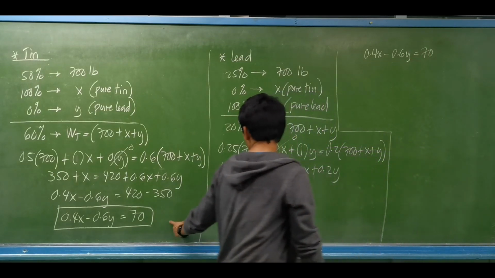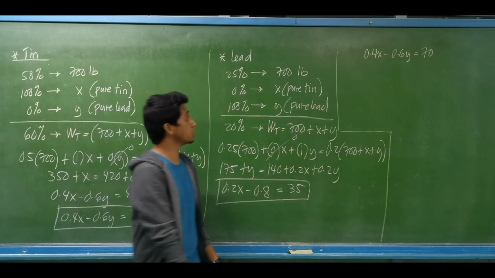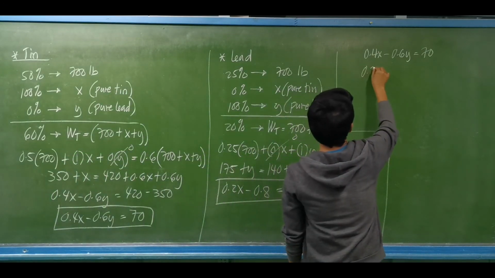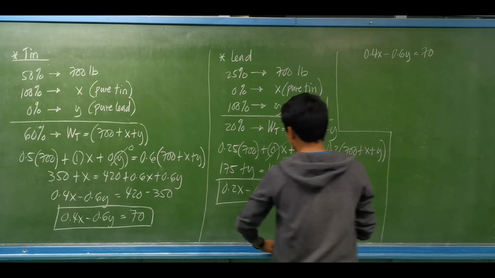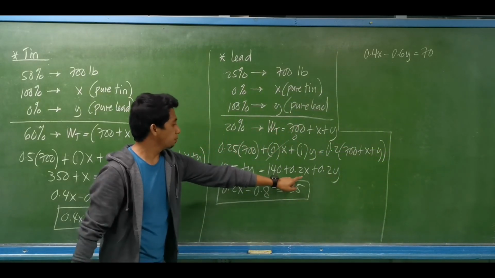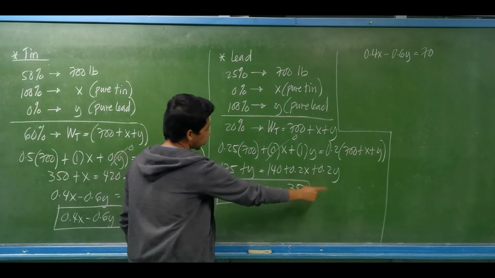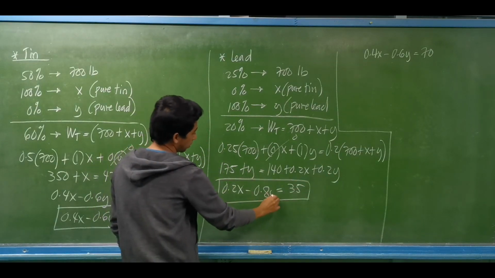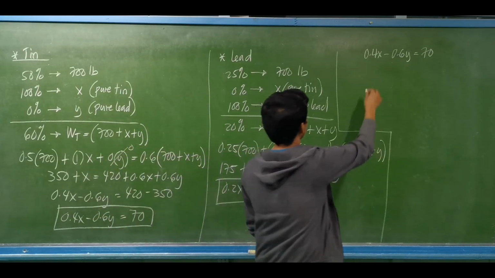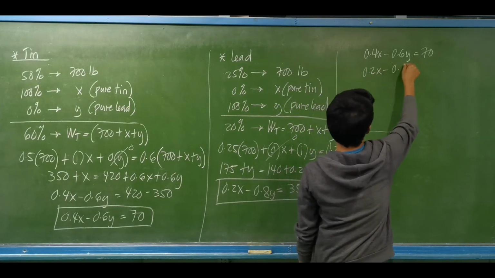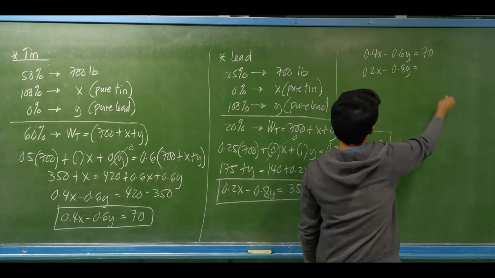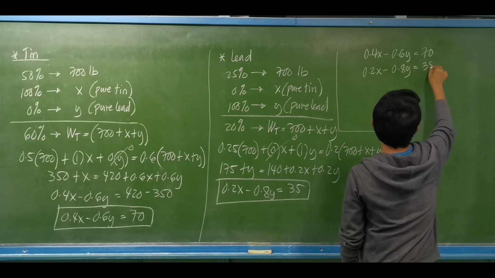Now that is our first equation. Our second equation is 0.20 of X minus 0.8 of Y is equal to 35.